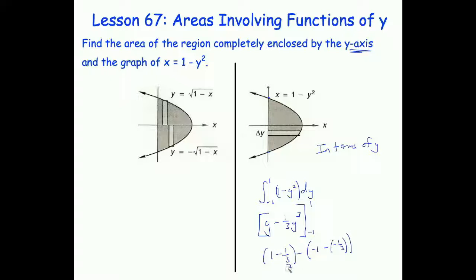Simplifying this, this is 2/3 minus -1 plus 1/3, minus -2/3. So we have 2/3 plus 2/3, which is 4/3. And that is the area. So 4/3 units squared.